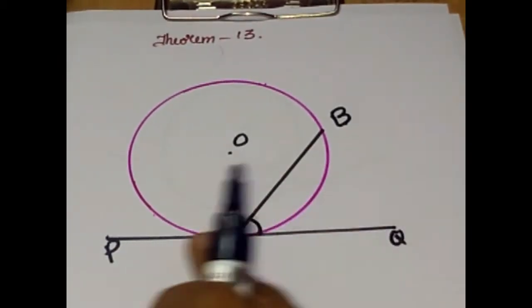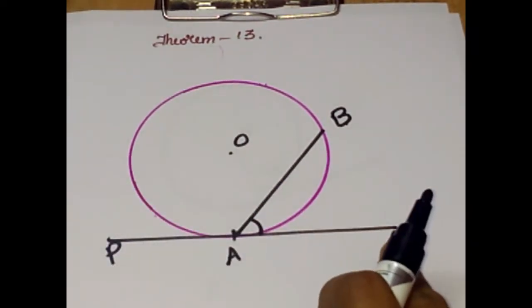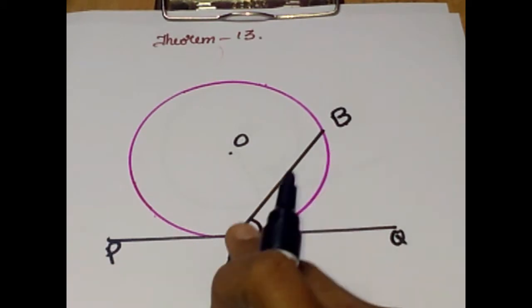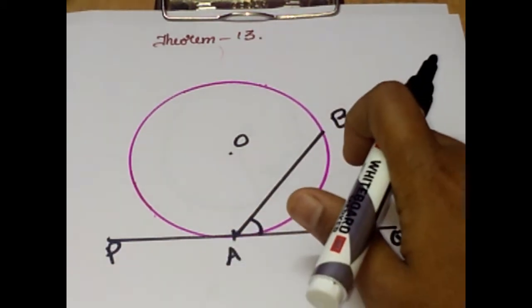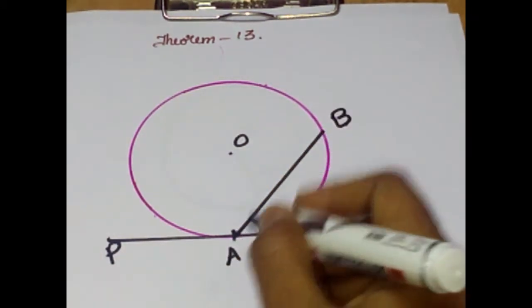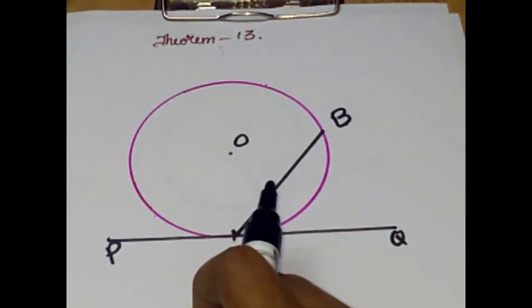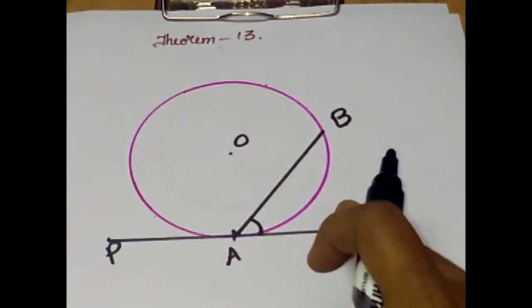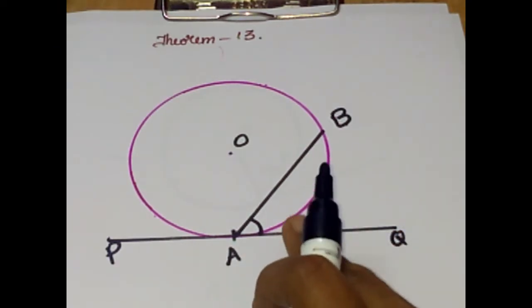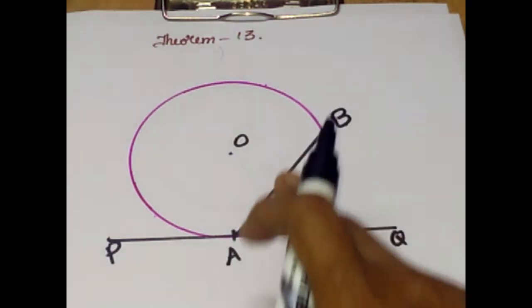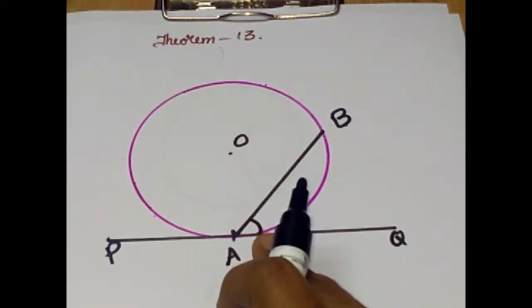In this diagram, PQ is a tangent which touches the circle at the point A, and AB is a chord of the circle, and there is an angle formed at the intersection point of a chord and a tangent. This is the angle between a tangent and a chord through the point of contact.